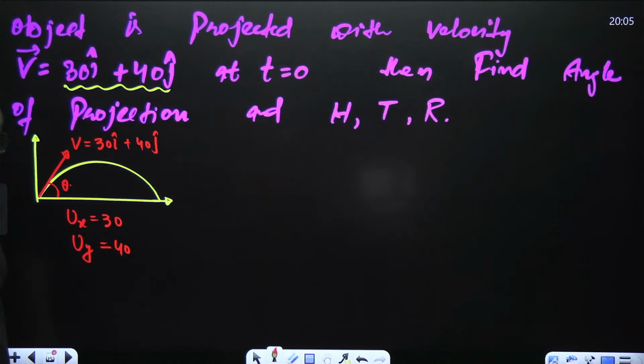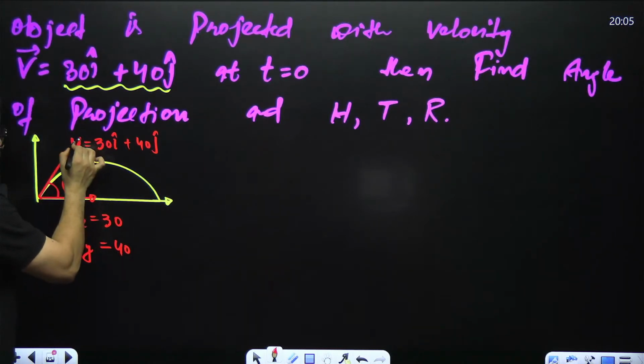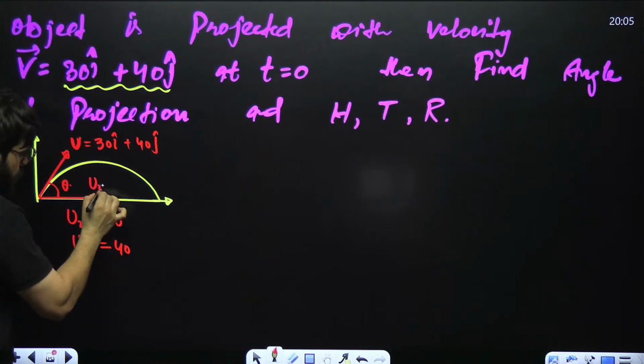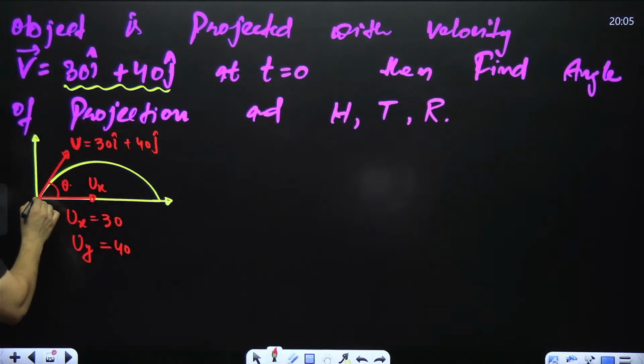Now tell me one thing. If this is theta, let's call the initial velocity u. This will be ux, and this component of velocity will be uy. Can you tell me the value of tan theta?